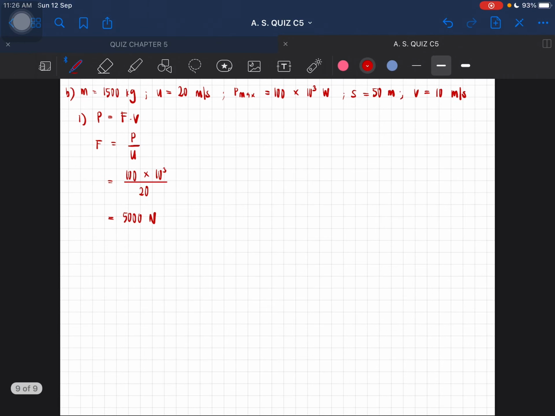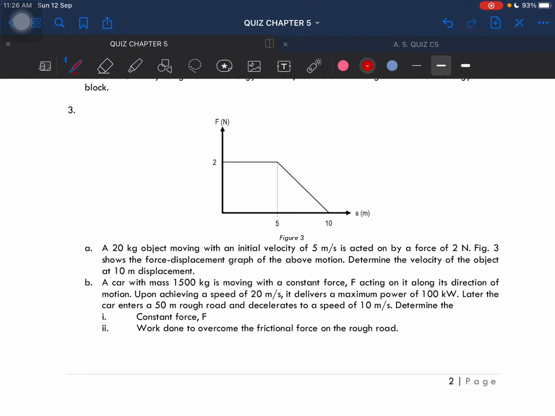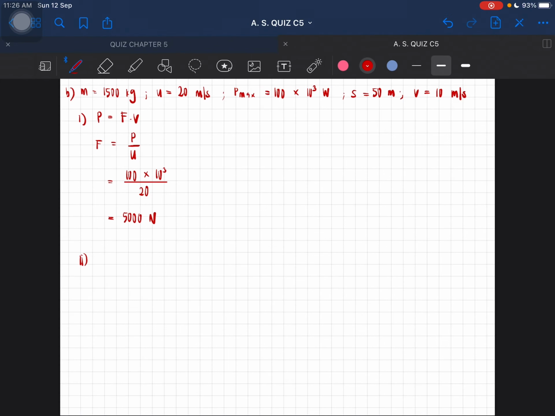Then the second question, what does it ask? Work done to overcome the frictional force. So for the work done to overcome the frictional force, we can actually use the work kinetic energy theorem. So this is basically just substituting the values, half mv square minus half mu square.